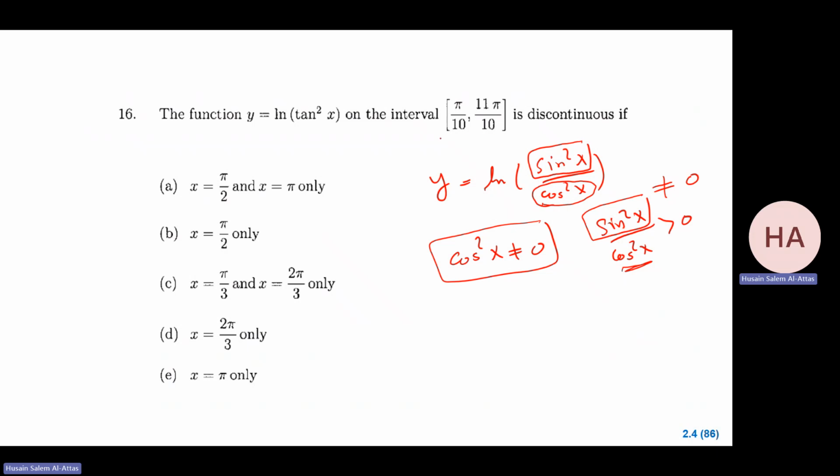In this interval, they are 0 at pi over 2, where cosine is 0, and at pi, where sine is 0. I'm starting from here, so I will not consider this one, because it is out. And I have here 11 pi over 10. So it means I need to avoid this and this. So x equals pi over 2 and x equals pi only.